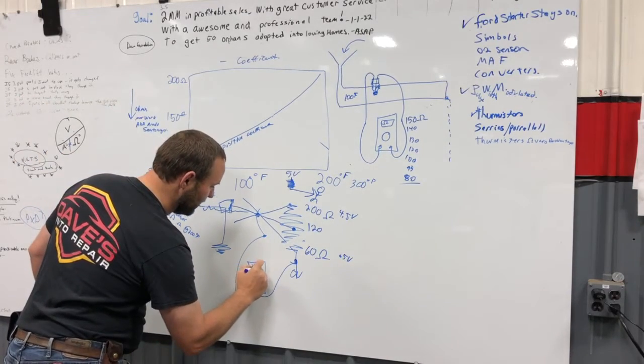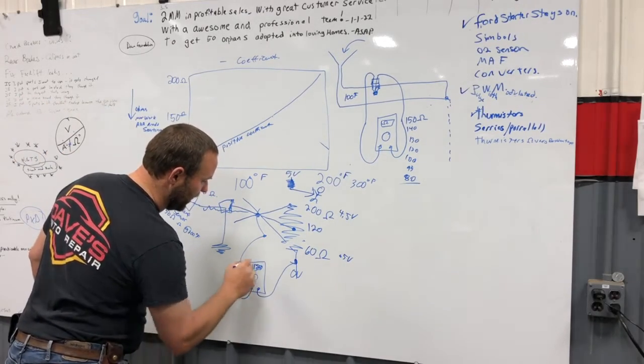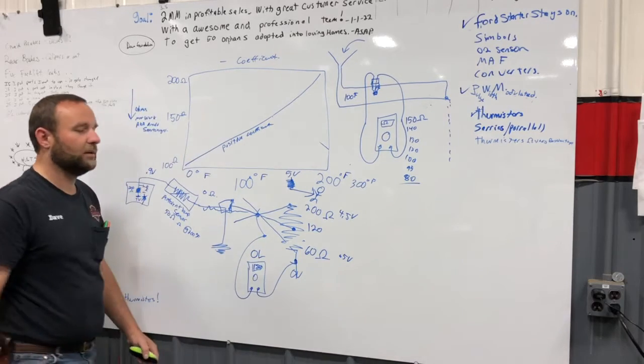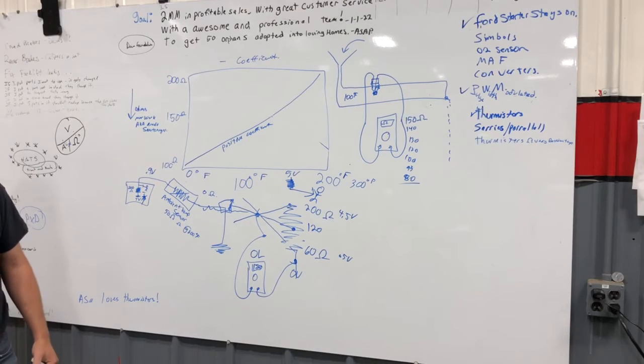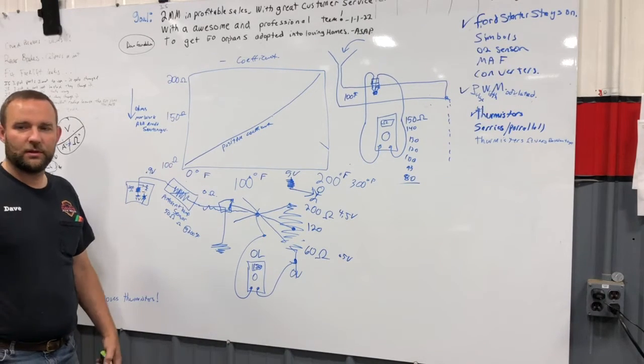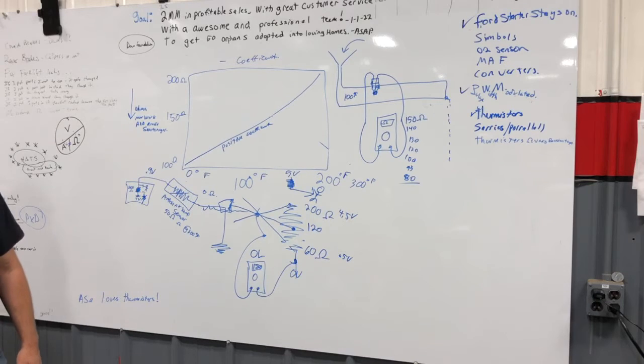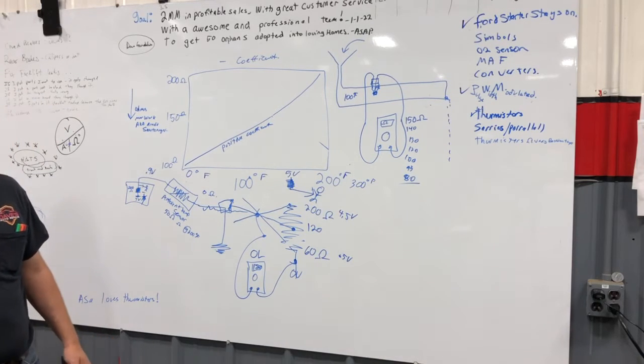Okay. So 120. What if we had OL, out of limits? What if it said that? Would that still be good? No. What do you think, Andrew? I don't think so. Because it's not reading right.